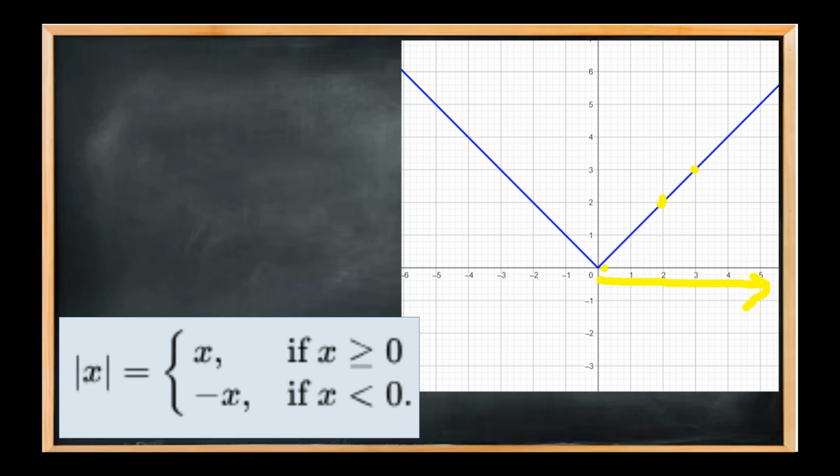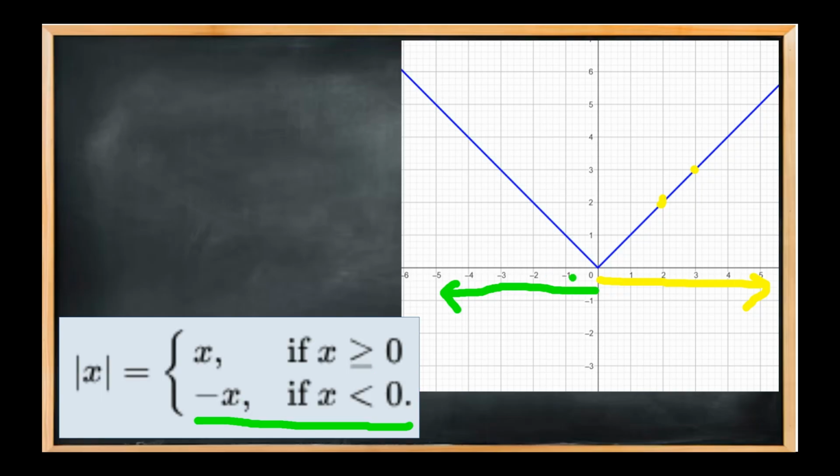But if we go from the origin towards the left side, all the values of x are negative, less than 0. So in that case, the second condition is applicable. If it is negative, then the value of the function is negative of negative x, which means negative negative cancels out and it becomes positive.